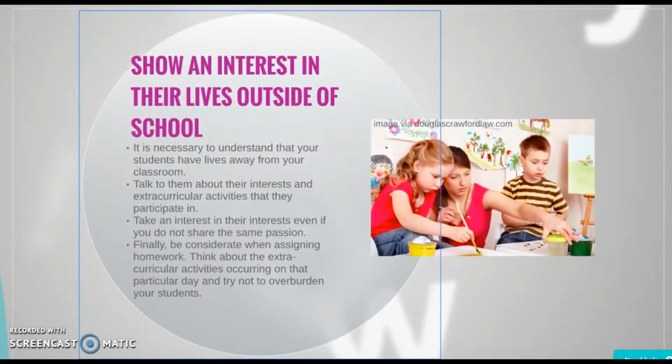Next is to show an interest in their lives outside of school. This is going to be very difficult and you need extra time, extra effort for this one. But it is necessary to understand that your students have lives away from your classroom. Talk to them about their interests and extracurricular activities that they participated in.